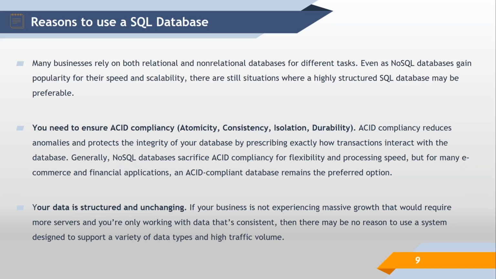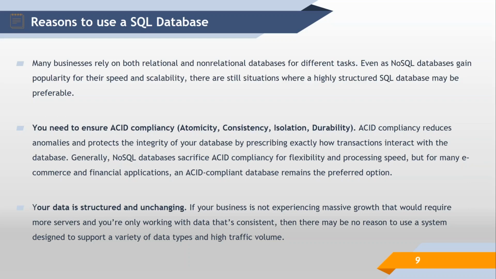ACID compliancy makes sure that the flexibility, the processing speed, and many more things related to your entire application and your business model are followed properly. Because if a database transaction fails, it needs to roll back and restore things the way they were. In that case, relational databases play a major role.